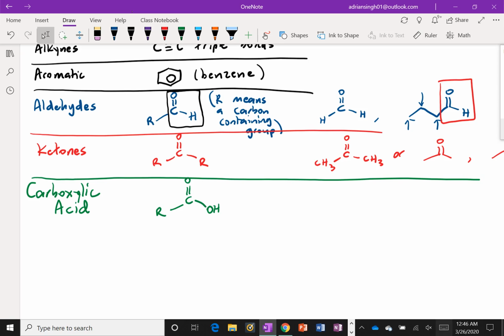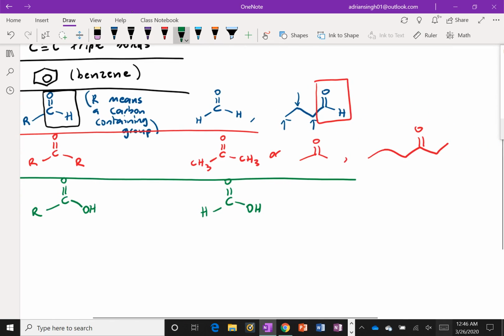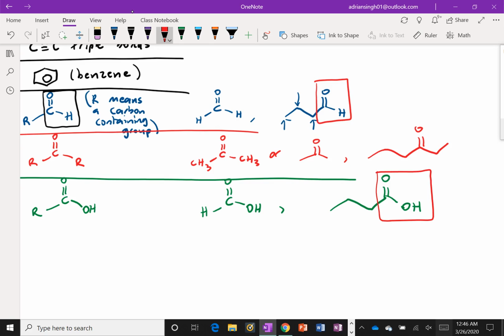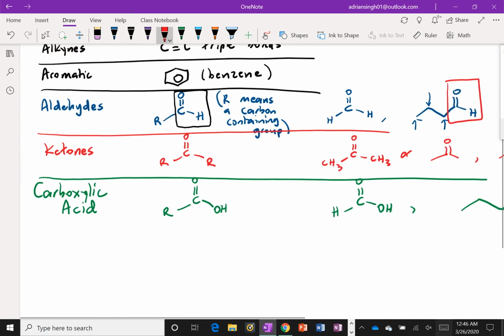So the simplest carboxylic acid that you have will look like this. Or you can have something a little bit longer. This here makes it the carboxylic acid, that's C double bond O, OH.